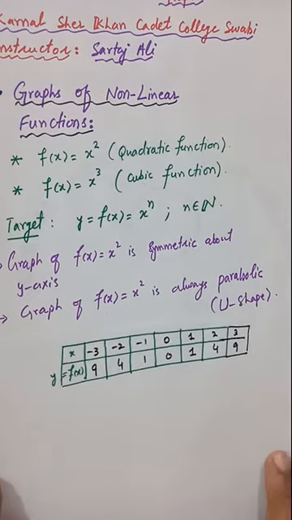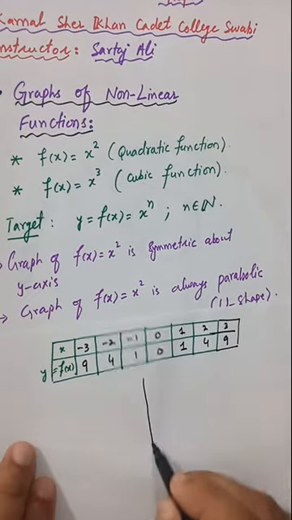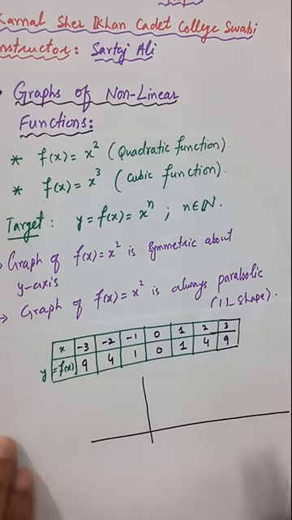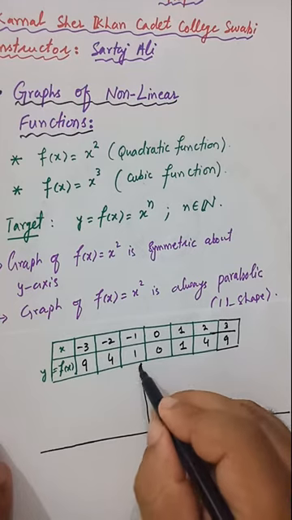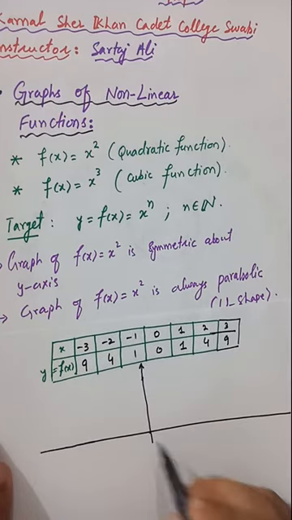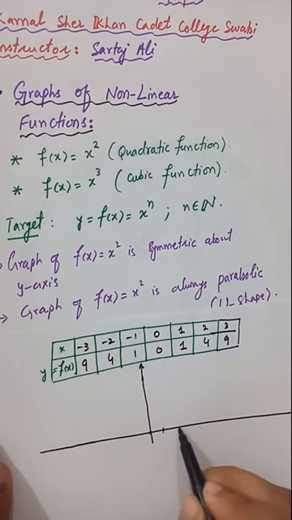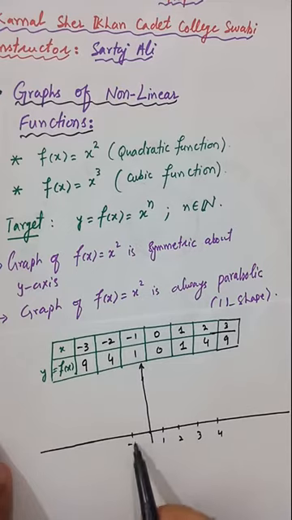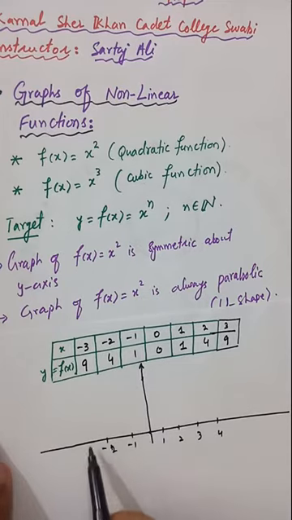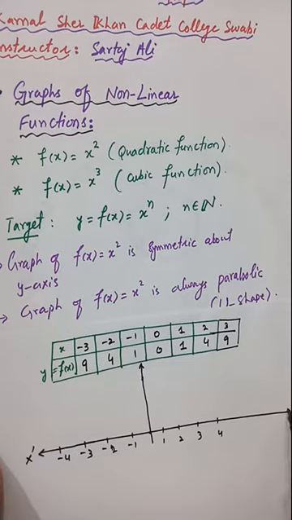Okay, so for the graph of this function, let's say this is 1, 2, 3, 4. This is minus 1, minus 2, minus 3, minus 4. This is your x-axis and this is your y-axis.